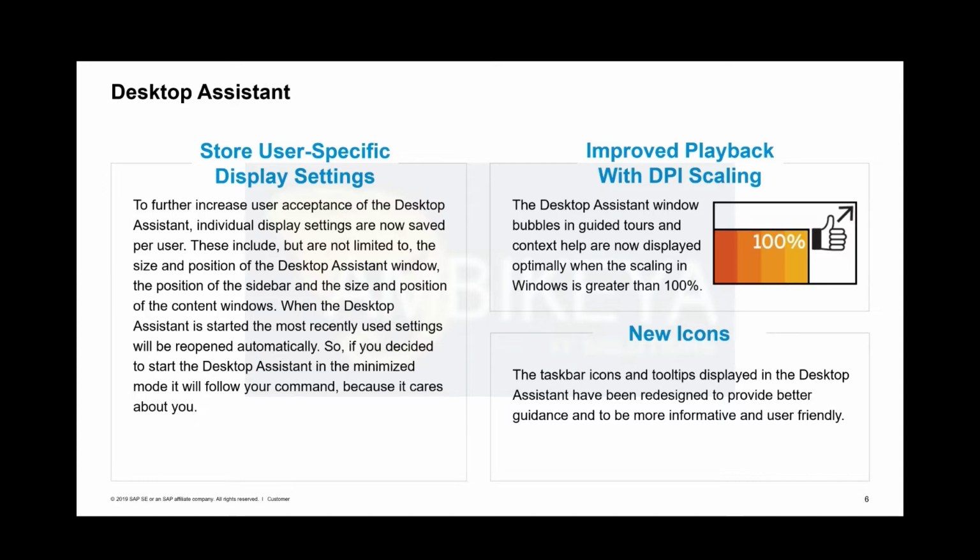And this framework-related modification gave us a chance to finally store the user-specific display settings, which means I'm now able to define the position and the border or the edge of my screen where I want the widget bar being attached. I can modify the size of the result window on my own and the position. And in the next usage, Desktop Assistant will remember that setting and use it again.